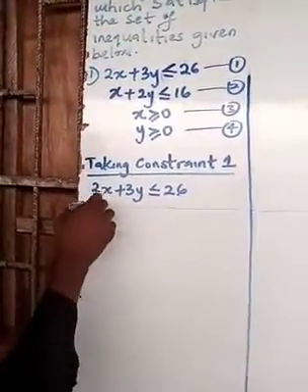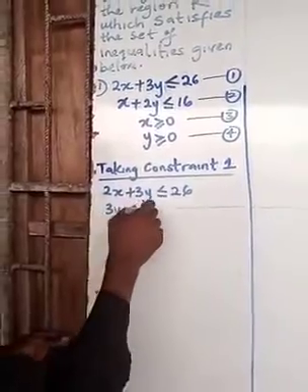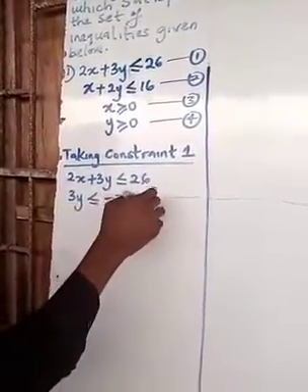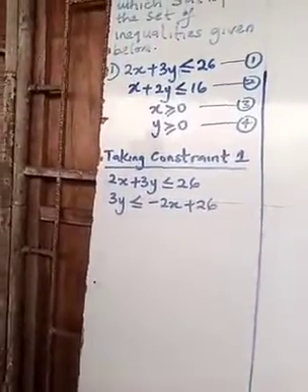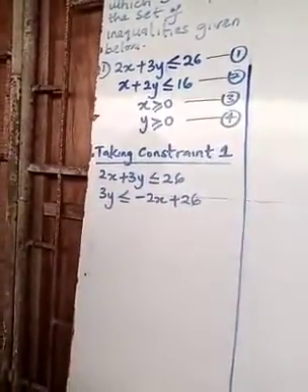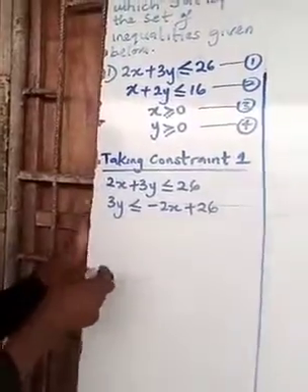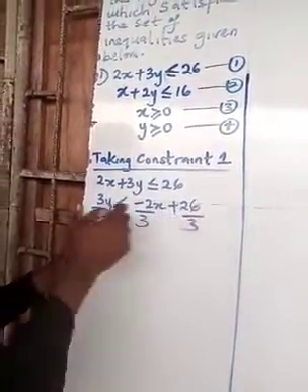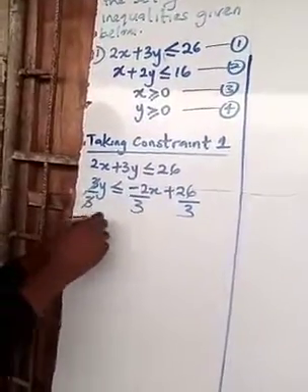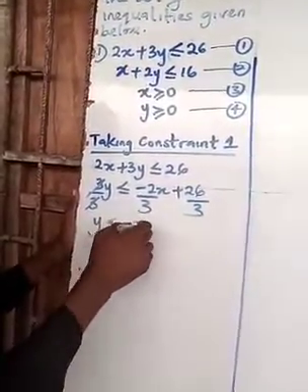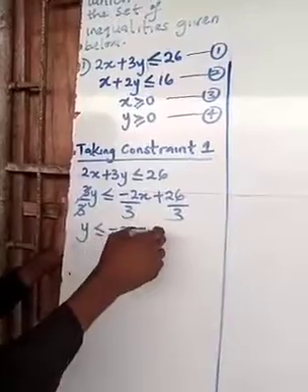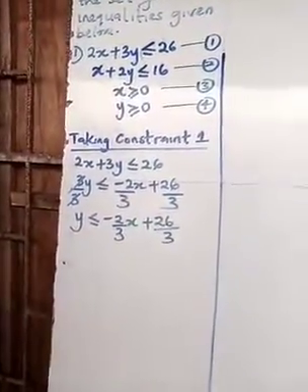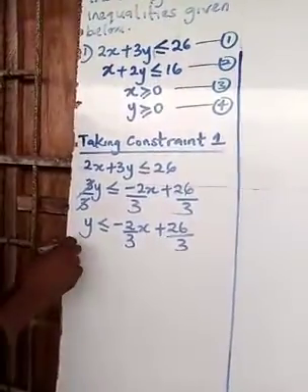So we have 3y less than or equal to minus 2x plus 26. So we divide all through by 3. That means y is less than or equal to minus 2 over 3x plus 26 over 3.